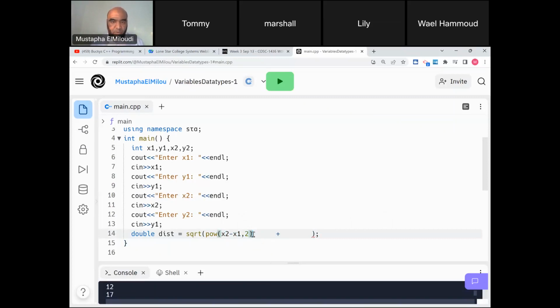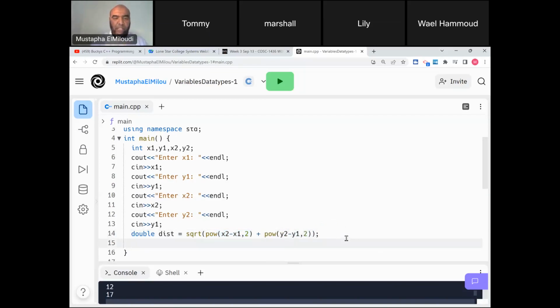So copy and then use it right here. And then I'm going to change it from x2 to y2 minus y1. So that's what the formula says. Now I have too much space, so I'm going to delete that space. So this way you don't miss anything. I'm going to go right here and put them together. So that's the distance formula.